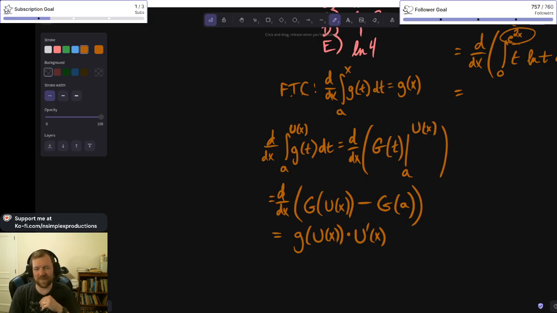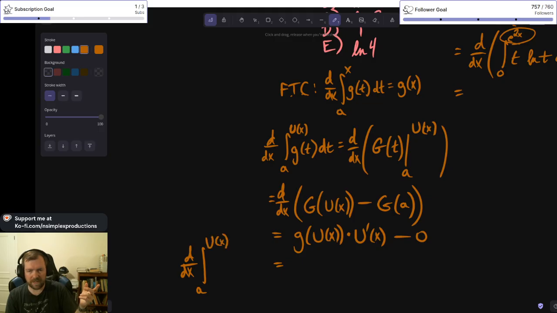And then we take the derivative of G at a, which is a constant, so we just get minus 0. So this says that d dx of the integral from a to u of x of g of t dt is equal to g of u of x times u prime of x.